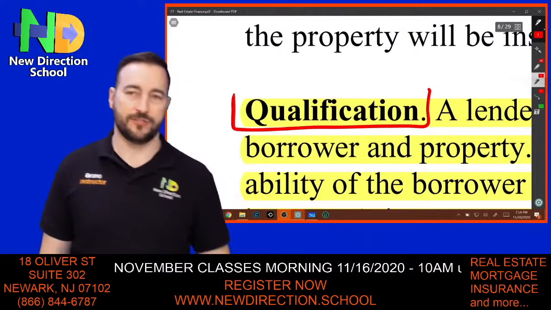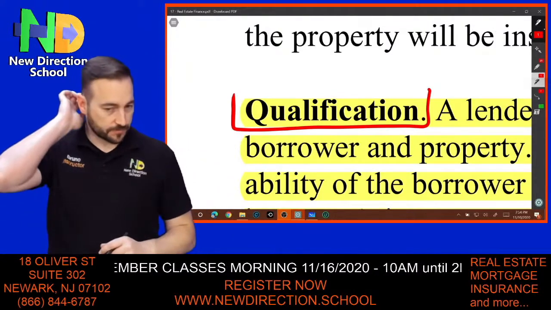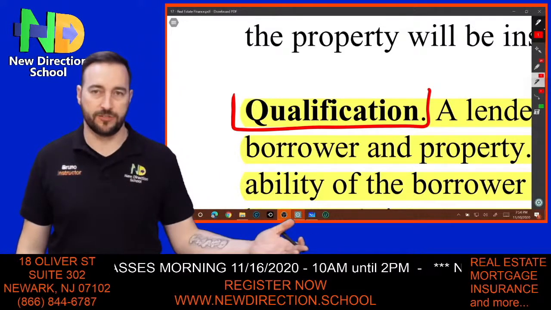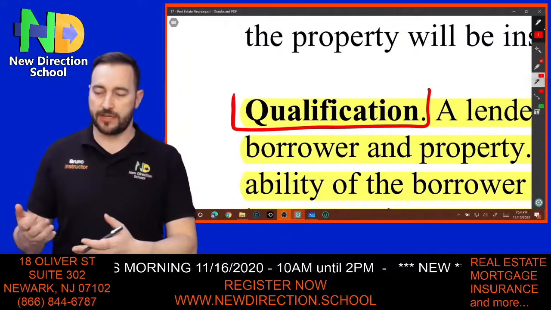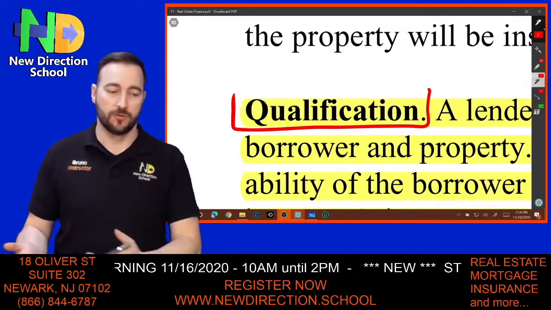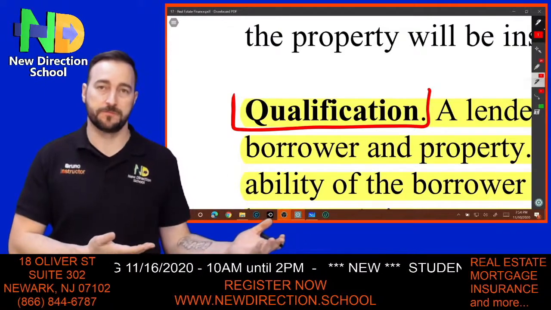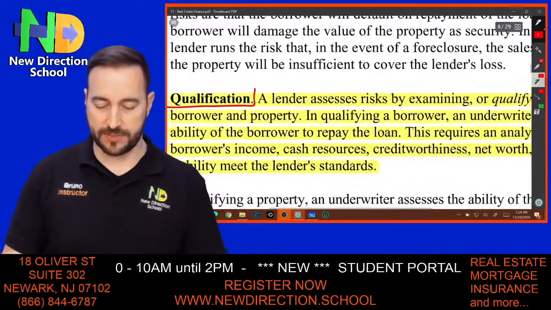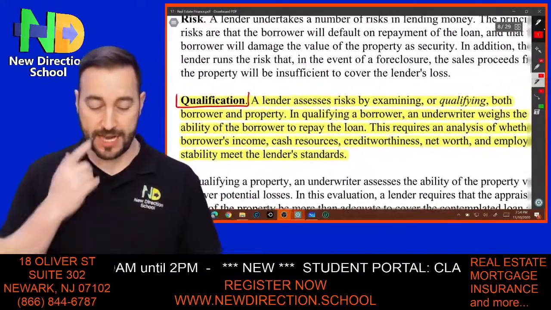What is the qualification? As we said, you're going to provide personal information and property information. Then we check, can you afford it? We're going to check what's the value of the house. So the lender assesses the risk by examining or qualifying both the borrower and the property.